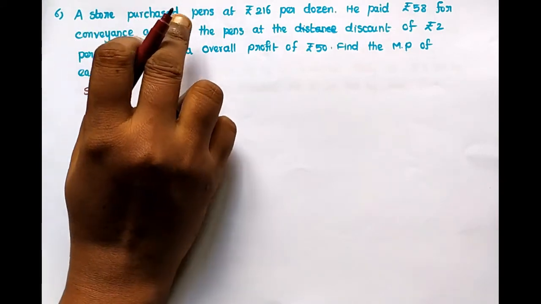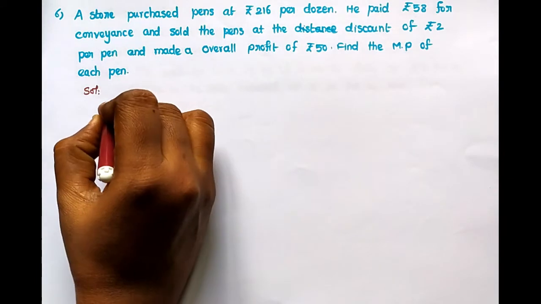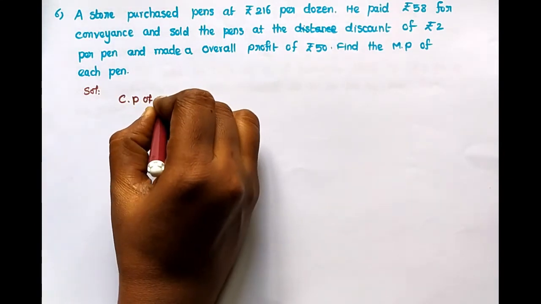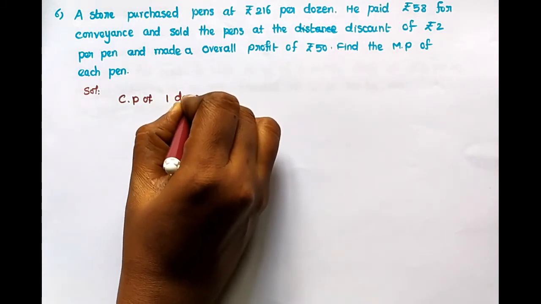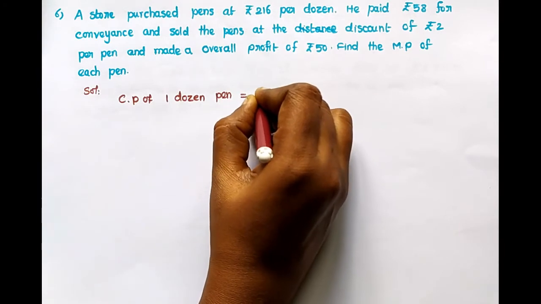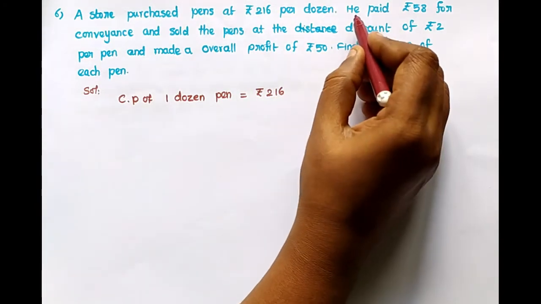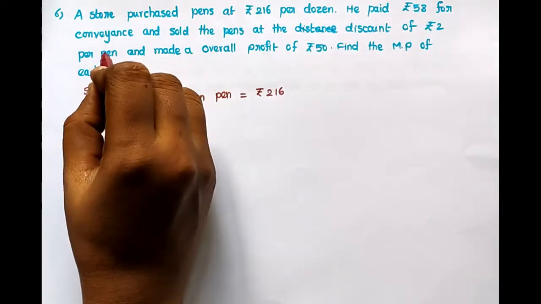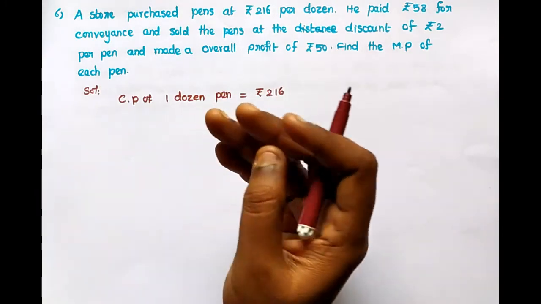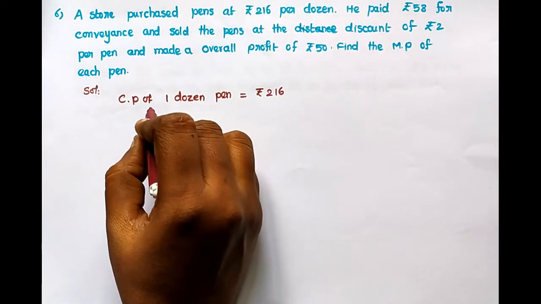The store purchased pens at rupees 216 per dozen. So cost price of 1 dozen pens equal to rupees 216. Listen, he paid rupees 58 for conveyance. Conveyance means sending, that means delivery charge. So that is also included in cost price.